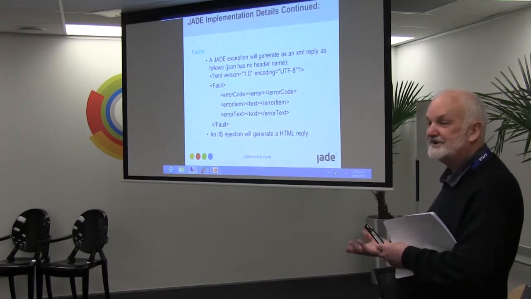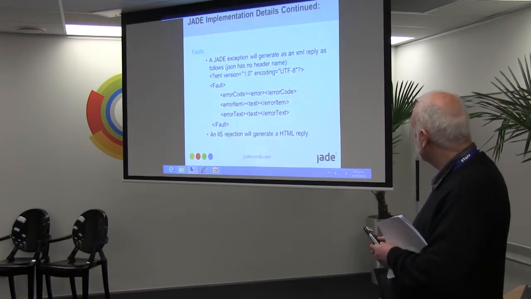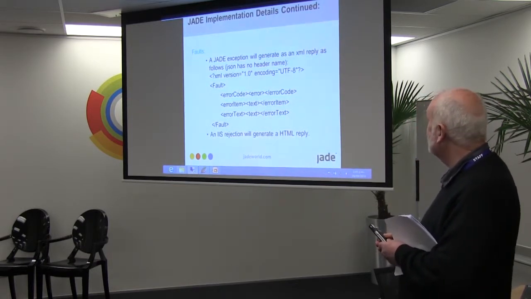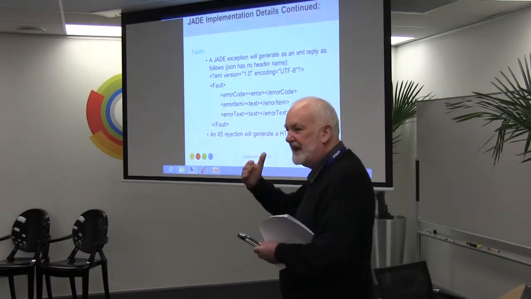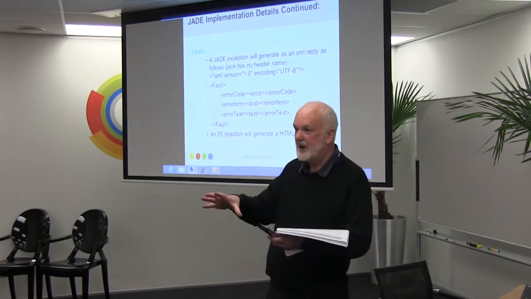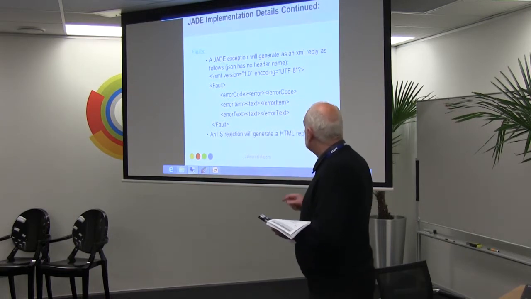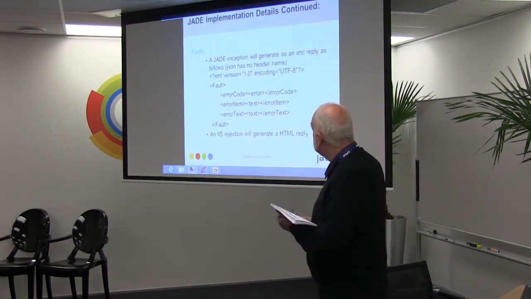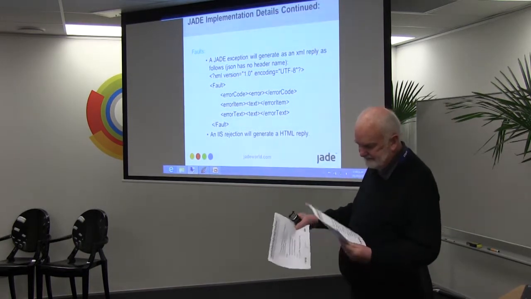If you said you want a JSON reply, and we send you a JSON reply, there's nothing on the header to tell you that this is an error, a fault. So there's no way of you knowing that this is not the reply to the method you've sent. So it has to be XML to describe that, hey, we had a problem.